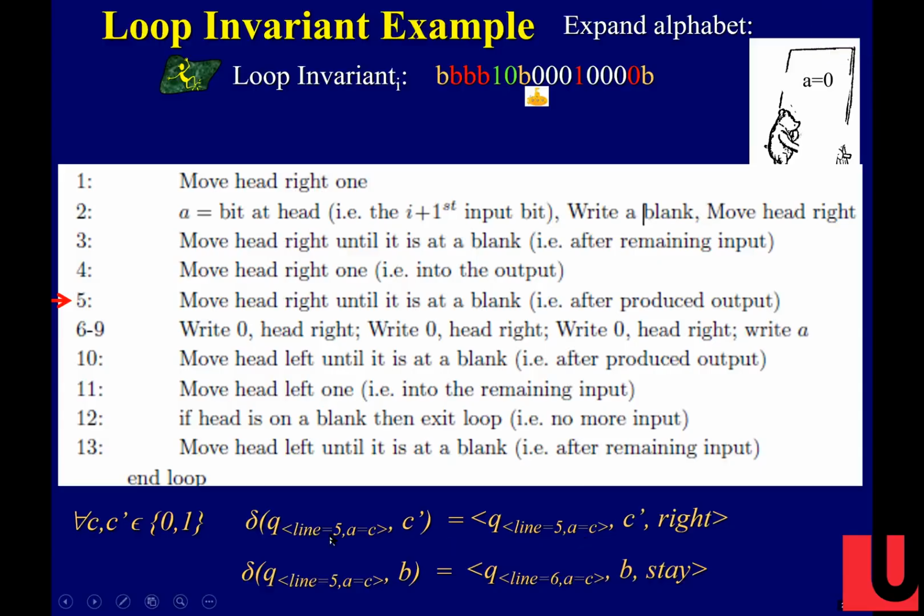Oh, because I thought C prime meant like a specific C in the set of 0, 1. C and C prime both represent 0 and 1. The C represents the current value stored in A. I have two states: line 5 A equals 0, line 5 A equals 1. Those are two different states. So I'm telling you for both of those states what I'm going to do.